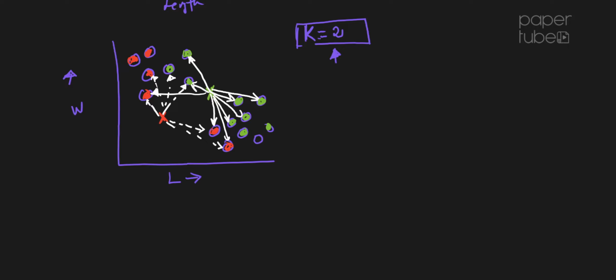So once this job is done, it will classify some of these points as belonging to green, some of these points as belonging to red. So green means category 1, red means category 2 for the moment. So that's the rule.